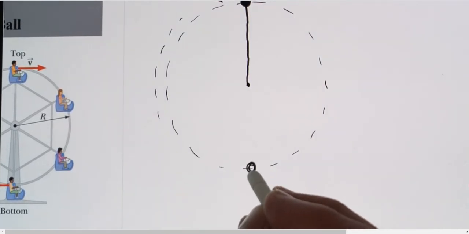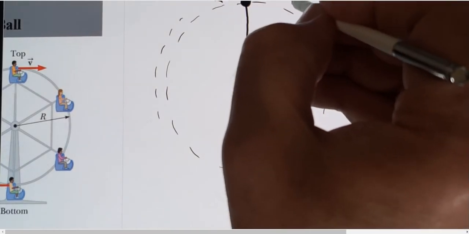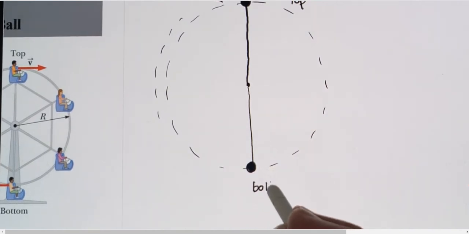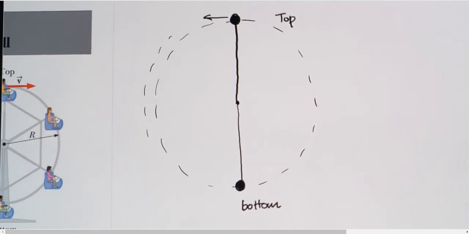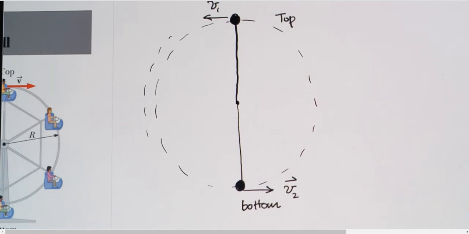It will reach here at the bottom. So here is top, and here is bottom. So here we have velocity 2, here we have velocity 1. It is changing in magnitude and direction, changing in magnitude and direction.